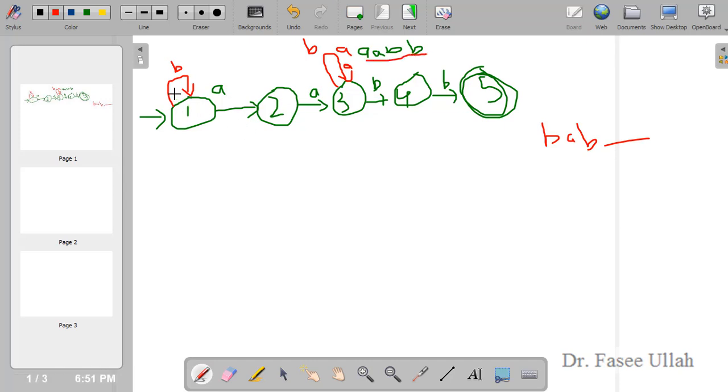So if I see over here, B, A, we cannot again get the B according to this. So what will I do? I will connect the transition state 2 back to the initial state, and on this I will say this is B. Okay, so it also fulfills the requirement.